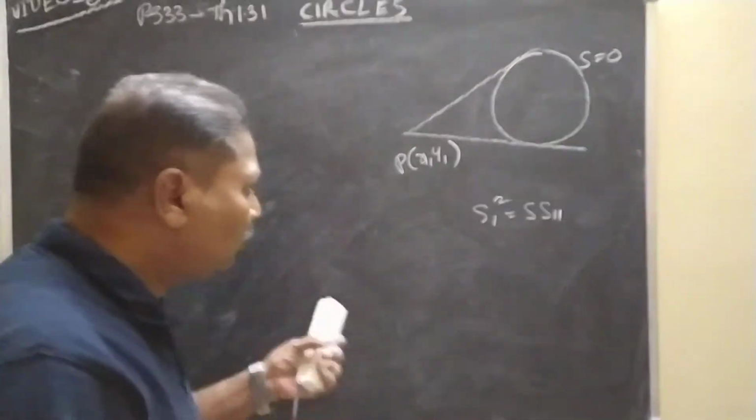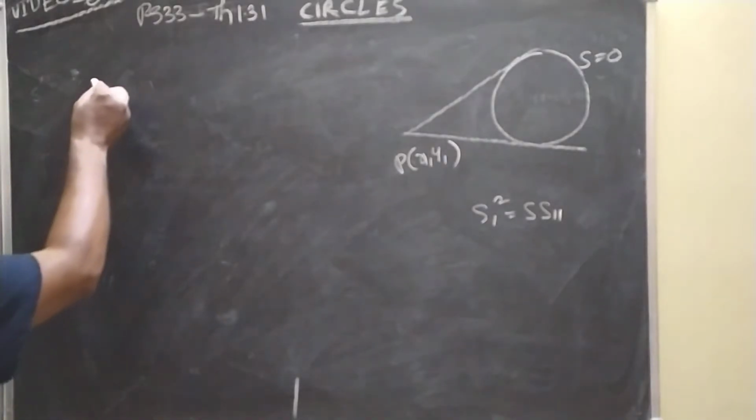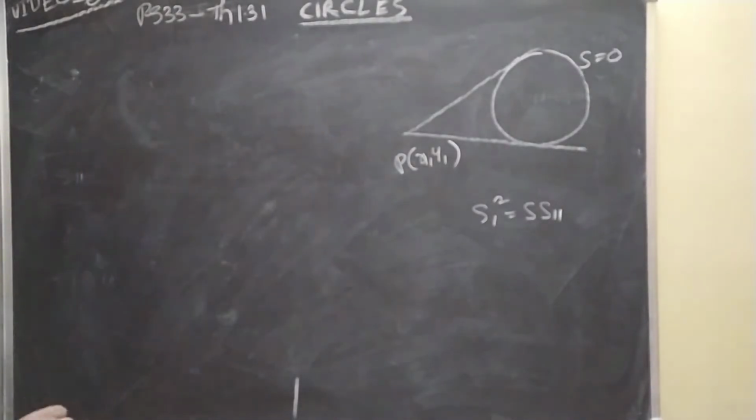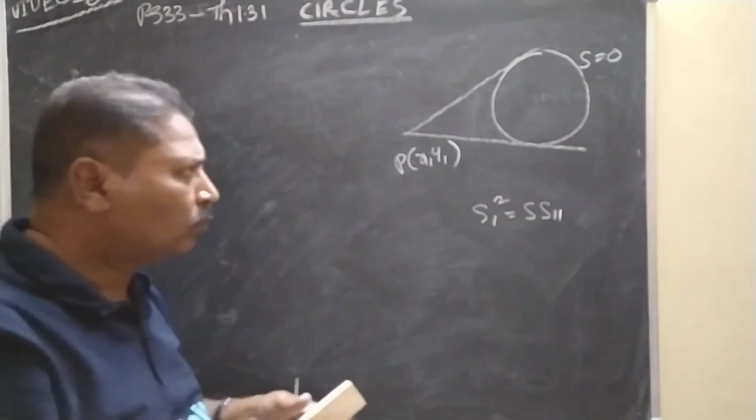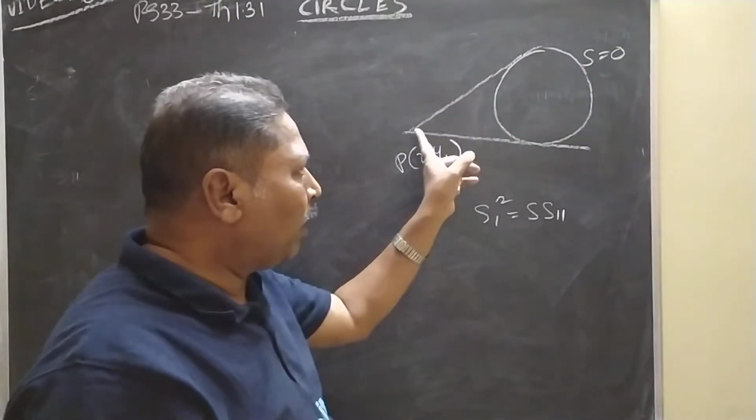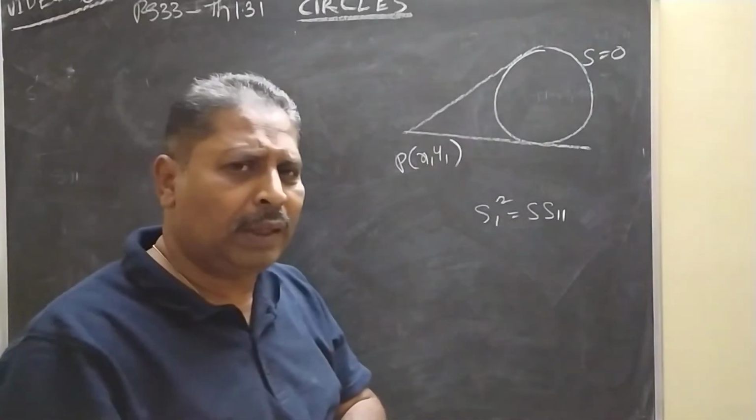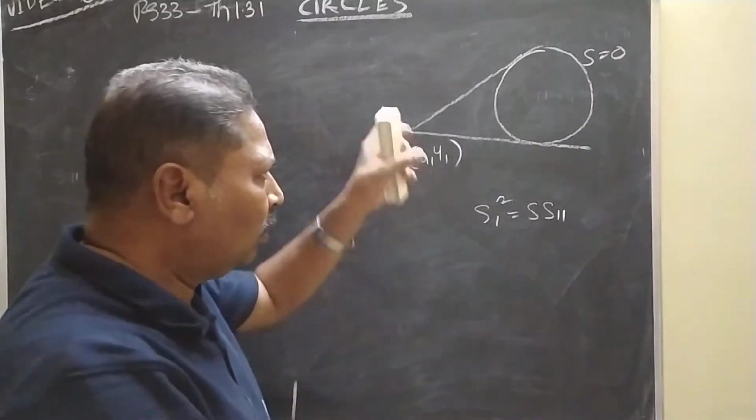See, given circle is S = 0. Given point is P(x1, y1).